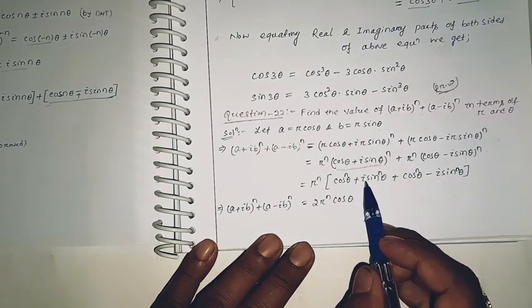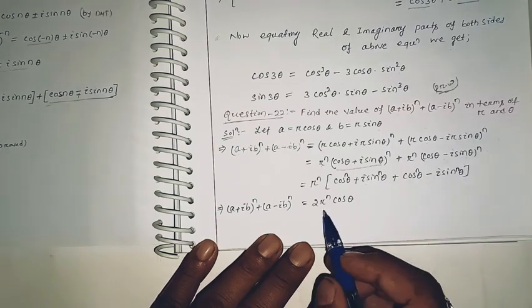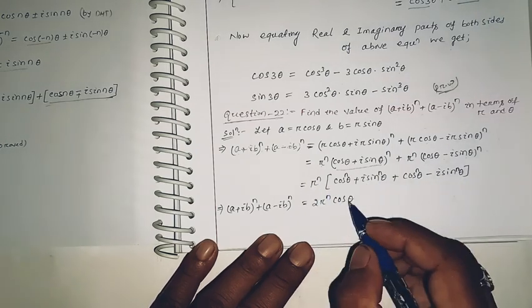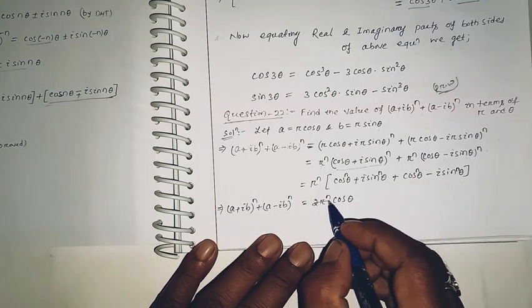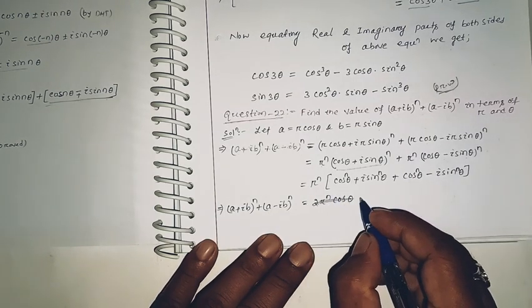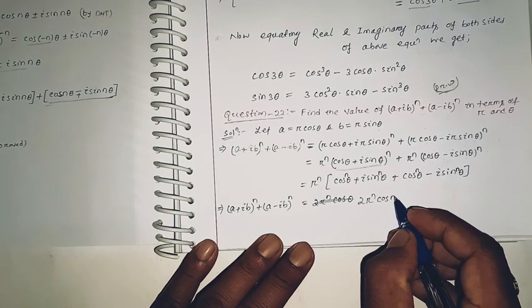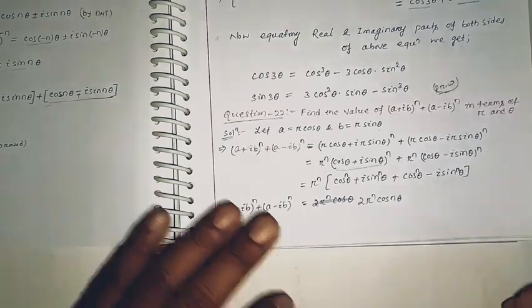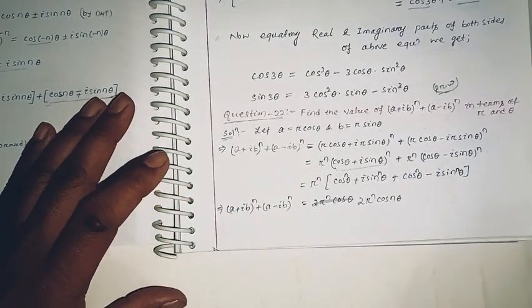So here plus i sin n theta and minus i sin n theta get cancelled. We found 2r^n cos n theta. So finally the value of this one is 2r^n cos n theta.